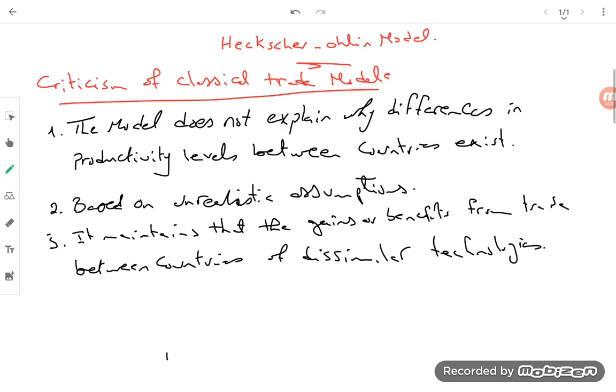So these are the main criticisms of the classical trade model. As a result, Heckscher and Ohlin, two economists, tried to find a more realistic explanation of why countries trade with each other and what the benefits from trade are.